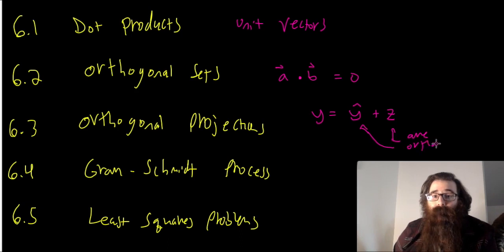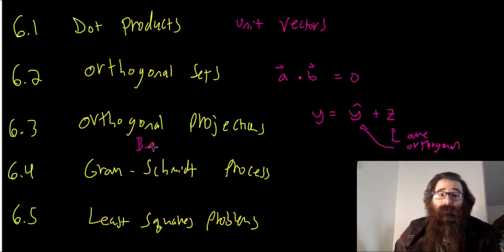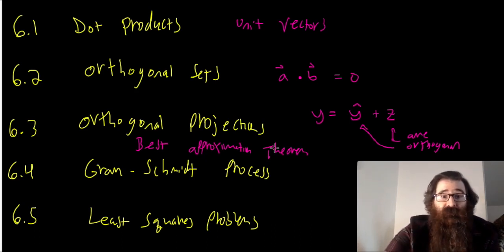We get this really nice decomposition from our orthogonal decomposition theorem. So a lot of really cool stuff in there. We also talked about the best approximation theorem, one of my favorite theorems, and really showcased that result as well, showing a derivation of it.